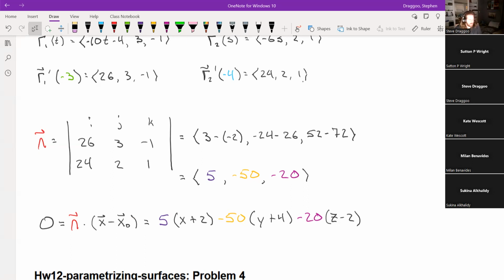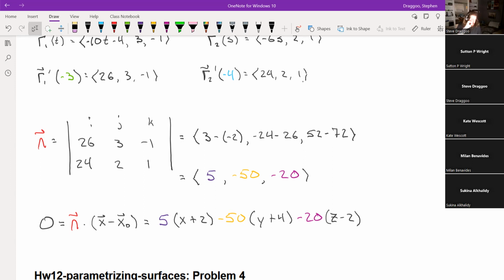There are too many different ways to conceptualize the cross product that I don't want to get too into the weeds on the particular method. But again, most common mistake we see on cross products is just messing up the sign on the y component. Because if you want to think about it as 26 times 1 minus 24 times negative 1, you need to put a negative on that if you keep it the same orientation as the others.